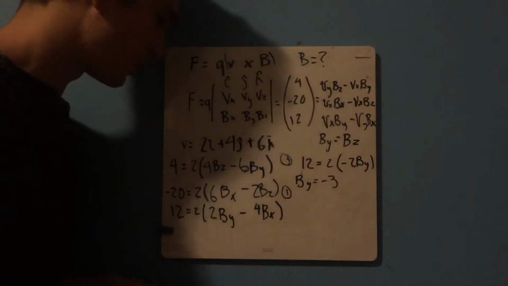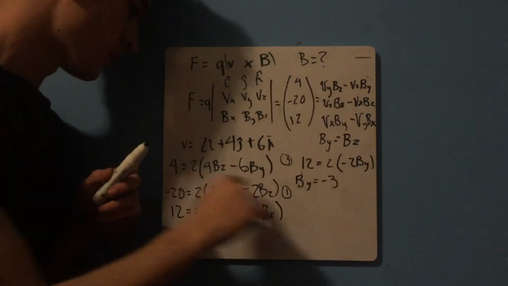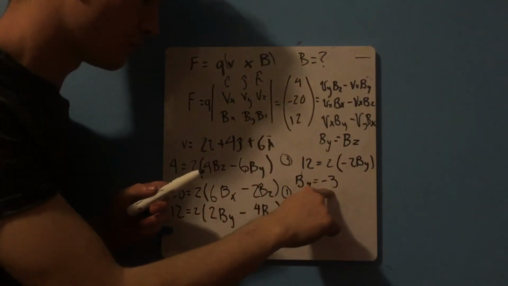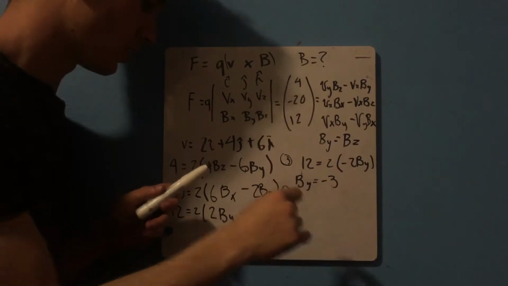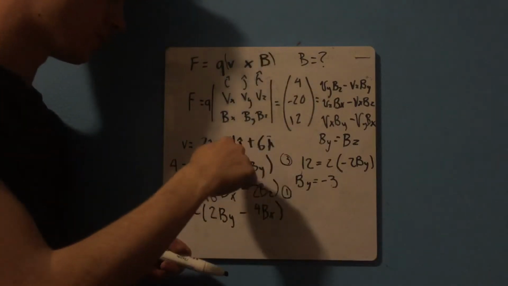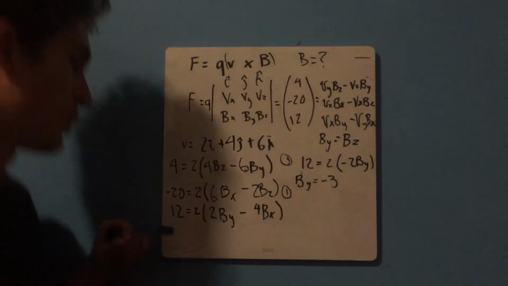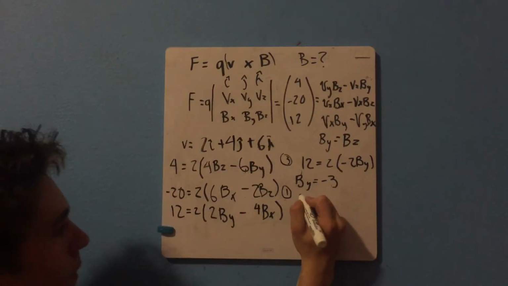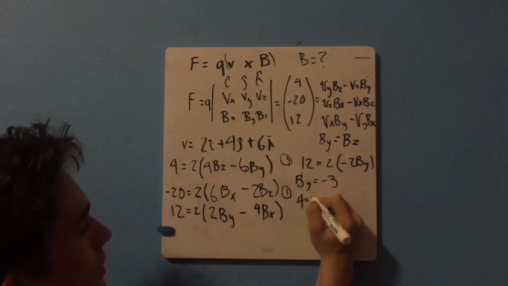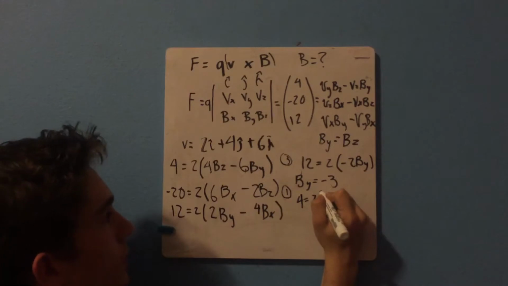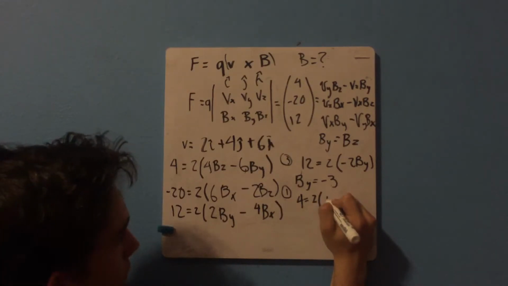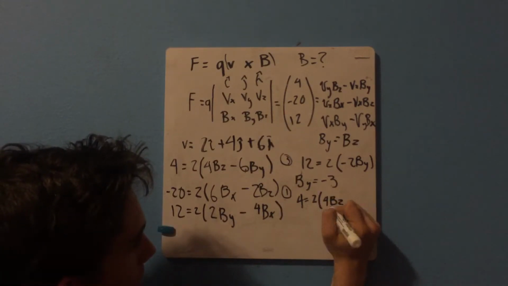And the next part is pretty simple. In our first equation, we simply have to substitute minus 3 in all the terms that are by, which is just this one actually. So what we get is this: 4 equals 2 times 4bz, which is the variable that we're missing.